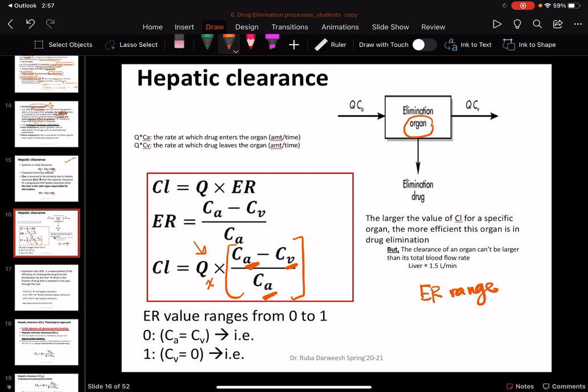The extraction ratio ranges from 0 to 1, where 0 is a non-eliminating organ and 1 is a fully eliminating organ, and in between we may have low, intermediate, or high extraction ratio drugs.